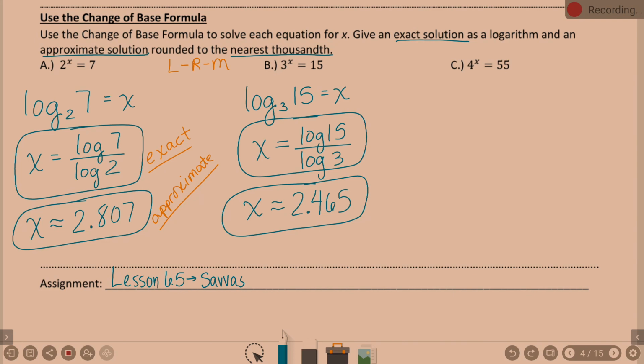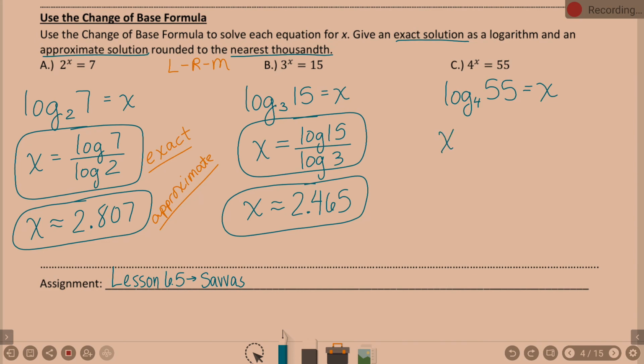Okay, last one. 4 to the x equals 55. What do we know? Okay. Log base 4 of 55 is equaling x. I keep the base as 4, it becomes my log base. Switch the x and 55.